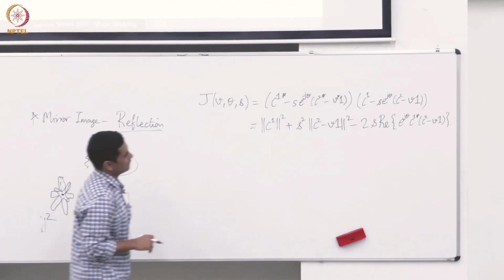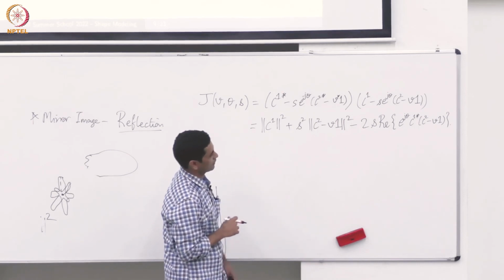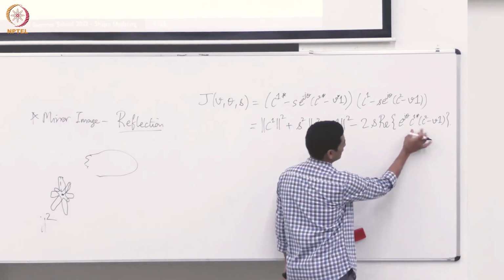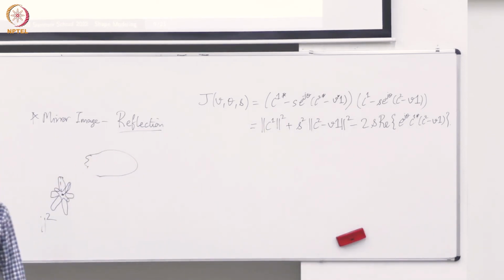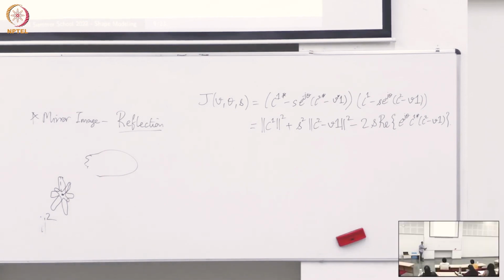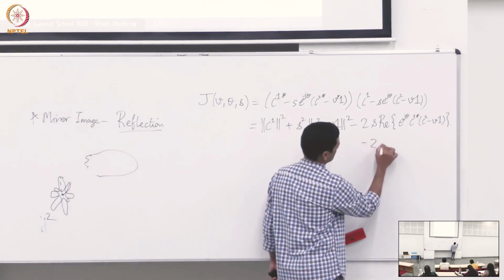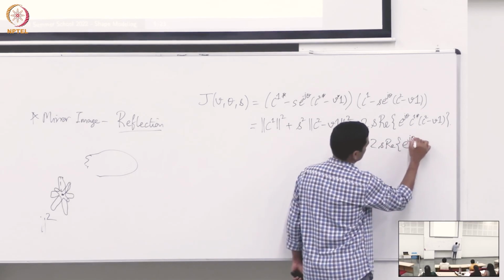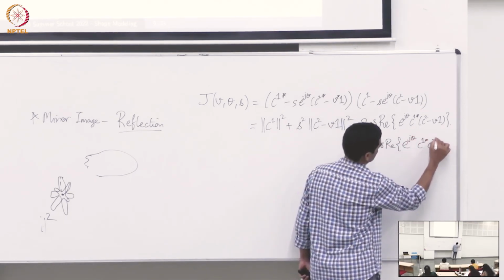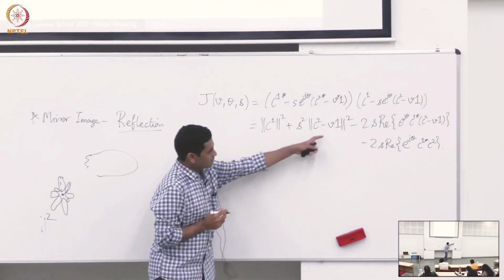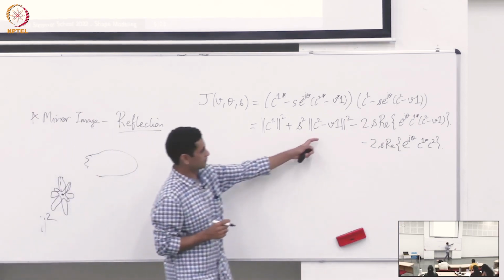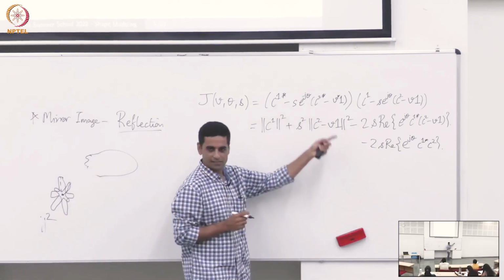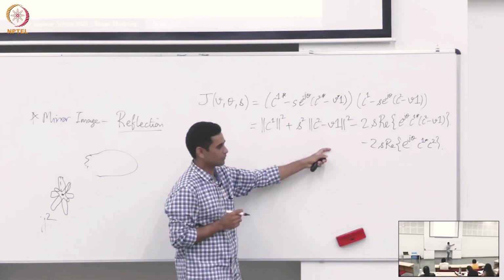Can I erase this now? Now if you look at everything that involves V, what do you get when you multiply C1 star to V times 1? Zero. When you expand this, what happens? Second factor, in the same way that we did this, you should be able to do this. What will you get?